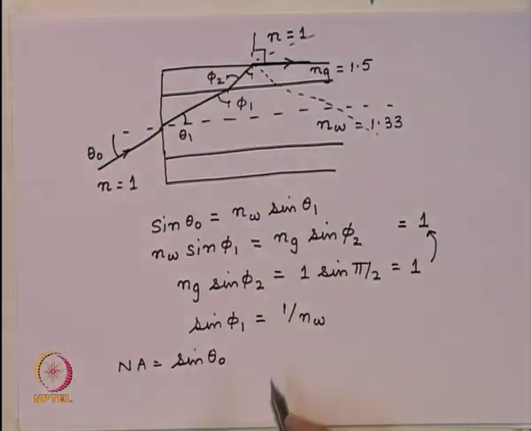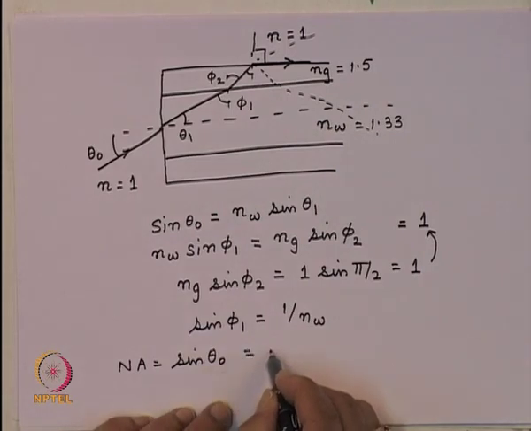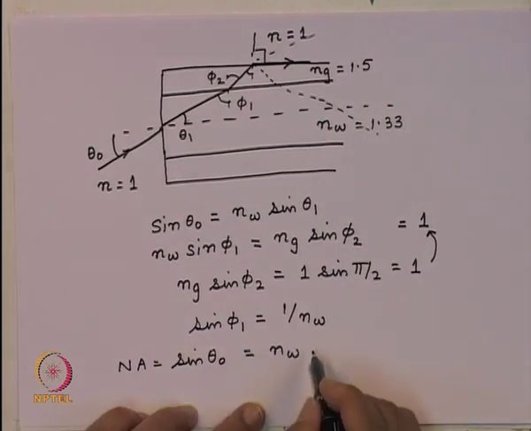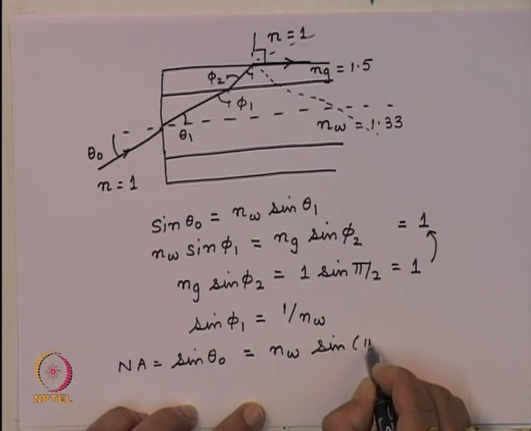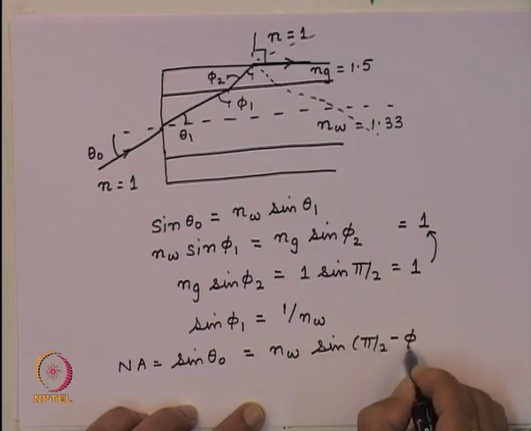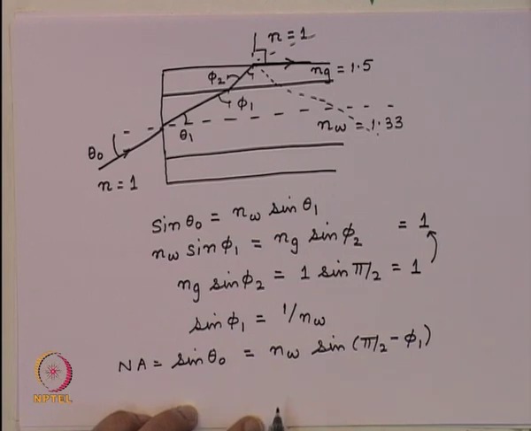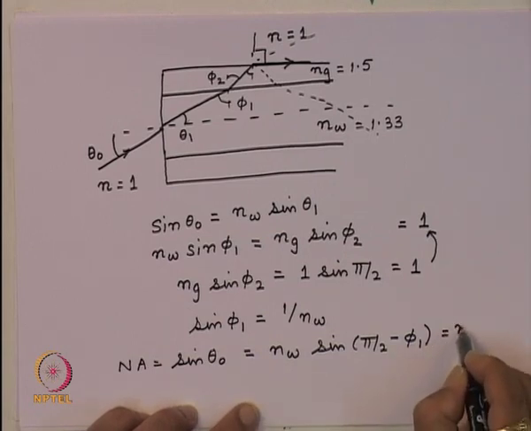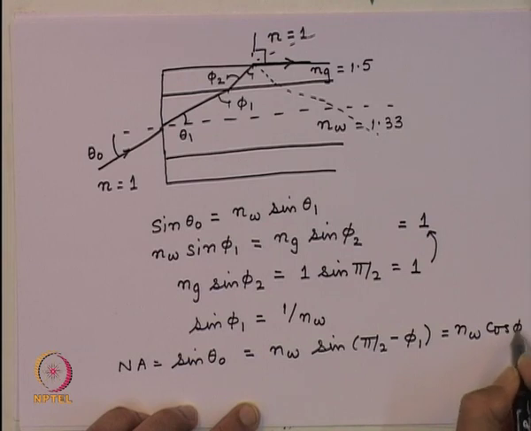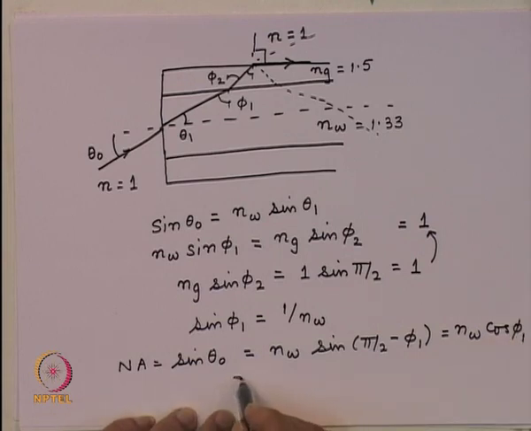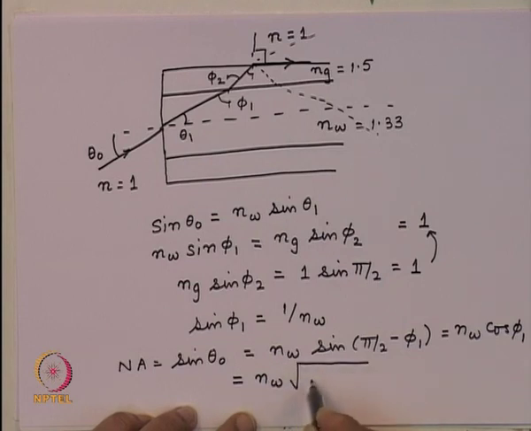Now the numerical aperture for this system, which is nothing but sine of theta 0 when this angle is maximum, corresponding to the ray which goes along this interface, is equal to n w sine of theta 1, which is n w sine of pi by 2 minus phi 1, which is n w cos of phi 1, equal to n w square root of 1 minus sine square phi 1.